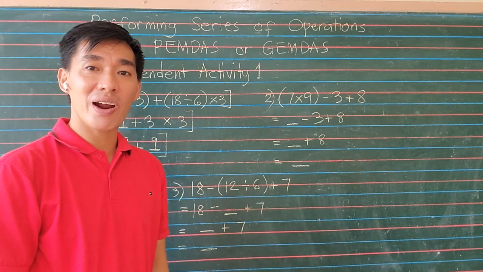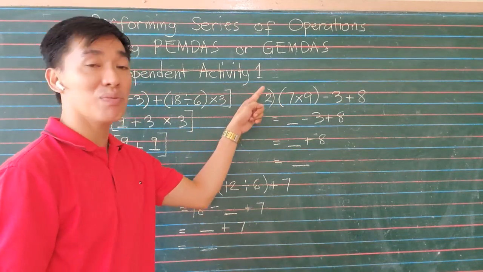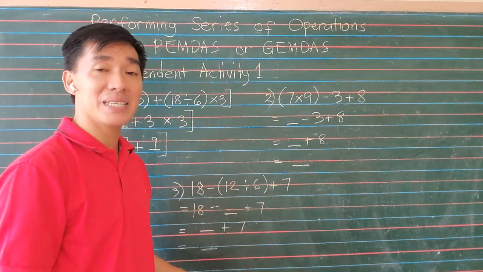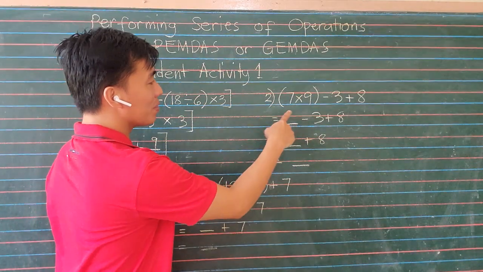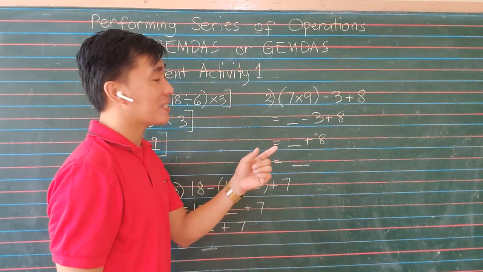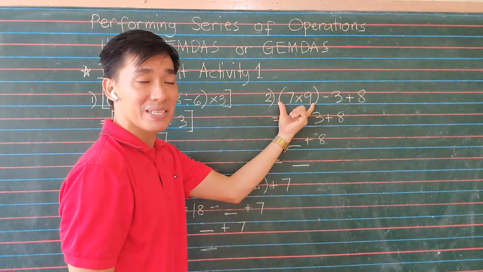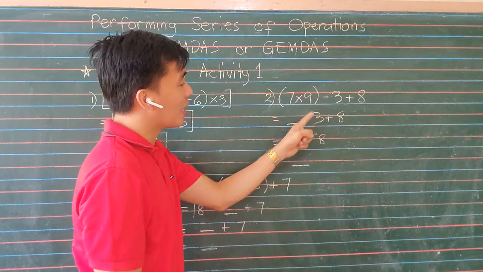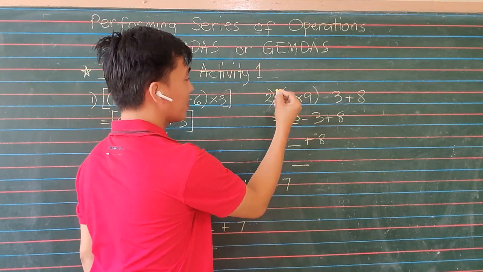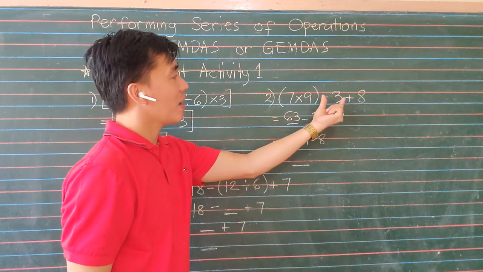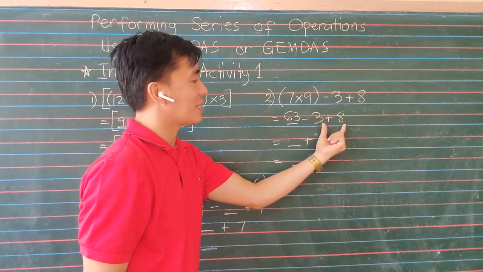Let us now check your answers for independent activity 1, item number 2, and item number 3. For item number 2, of course, first step is inside the parentheses or grouping symbols. So 7 times 9 is equal to 63. So 63 should be placed there. Copy minus 3, copy plus 8.